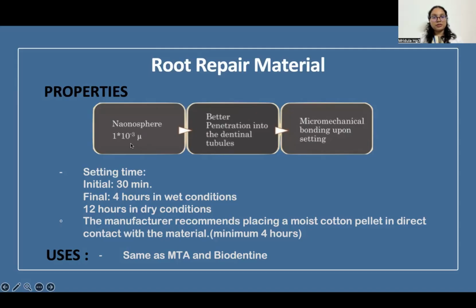This root repair material is in the size of nanospheres. Since they are nano in size, they have good penetration into dentinal tubules, and it also causes micromechanical bonding upon setting. The uses are the same as MTA and Biodentine.